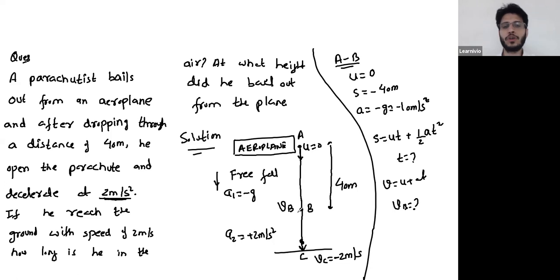First, solve it from A to B and report your answer. I need t and I need vB. Just report your answer in the chat room. Then we will solve it from B to C. You can use a calculator if you want, but please calculate.